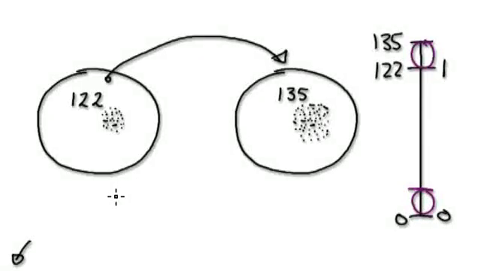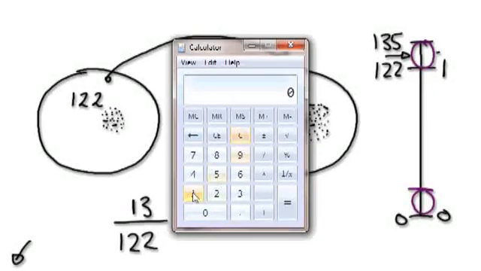Again, the actual increase is 135 minus 122, which is 13. So the actual increase is 13. So this level here is 13, divided by the original, which is this. So calculator, clear it. 13 divided by 122 equals this.